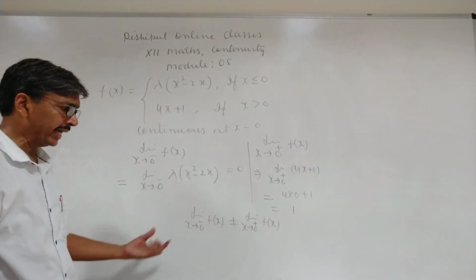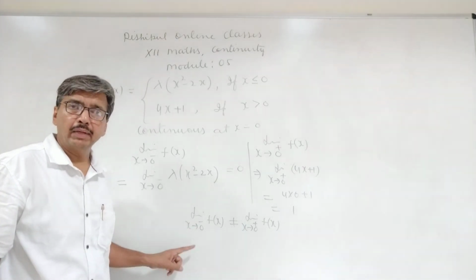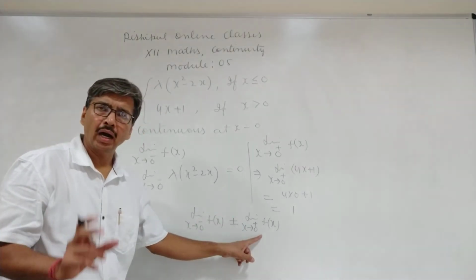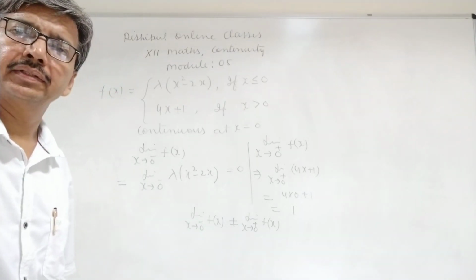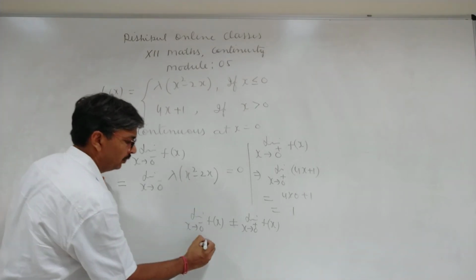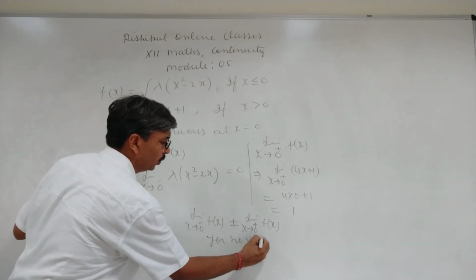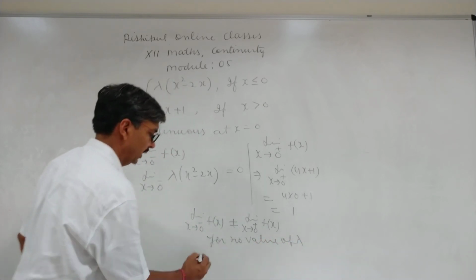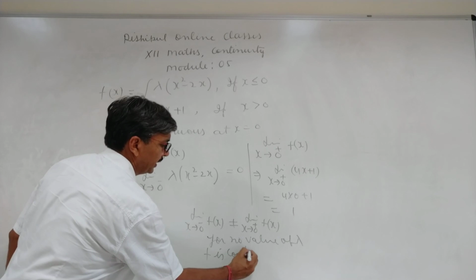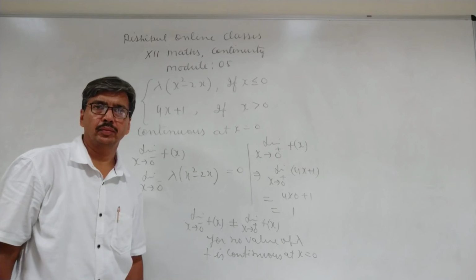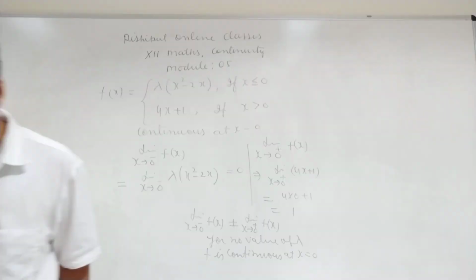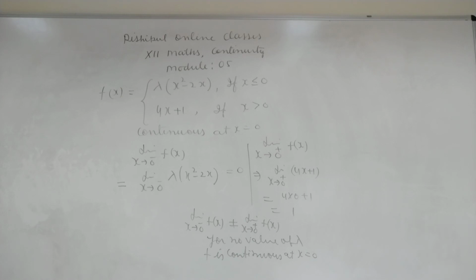It means at x equal to 0 left limit and right limit are not same and therefore we can say that for no value of lambda f is continuous at x equal to 0. Okay, so this was question number 18. Now see question number 19.